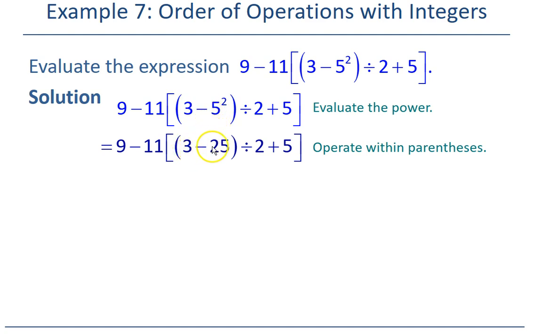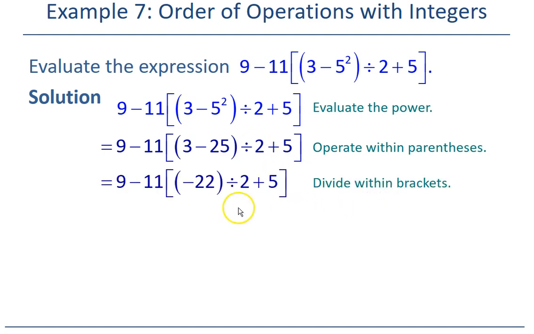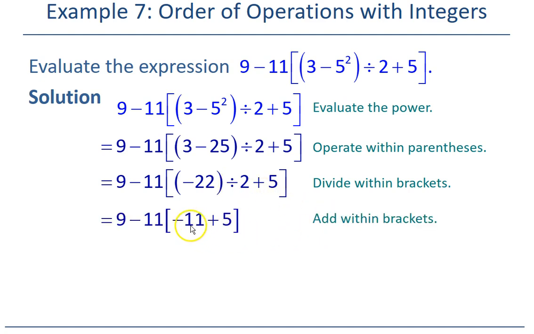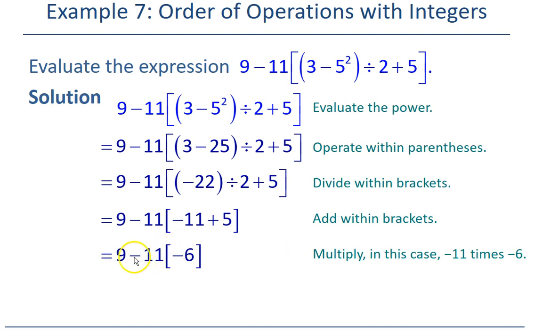So now we do what's inside the parentheses. We're going to get a -22 here that we're going to divide by that 2. So there's the -22. We divide it by 2. We get a -11. Now we're going to join that -11 with the 5. That's going to give us a -6. We're going to multiply the -11 times the -6.